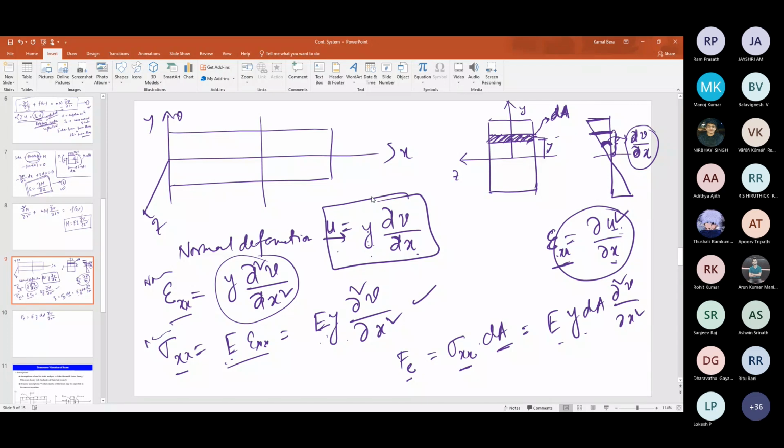What is the moment of this force dF about the neutral axis? It is F into y, right? Correct or not? F into y. Yes.